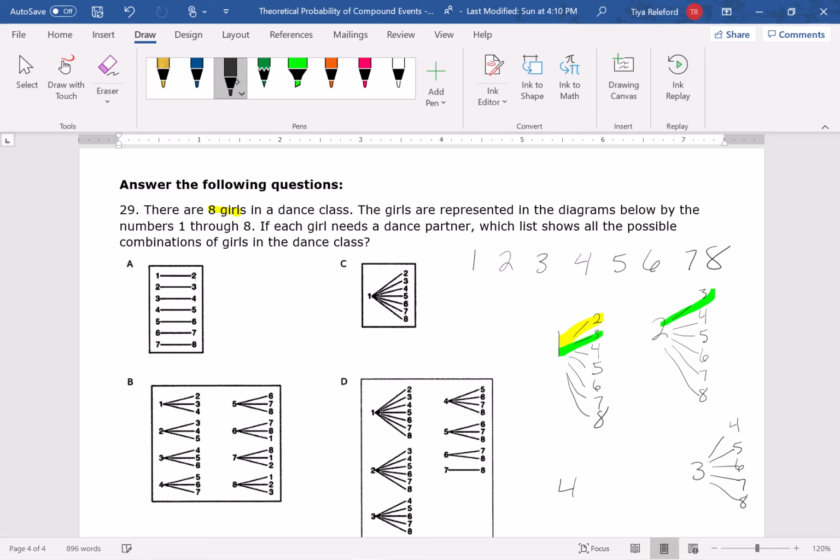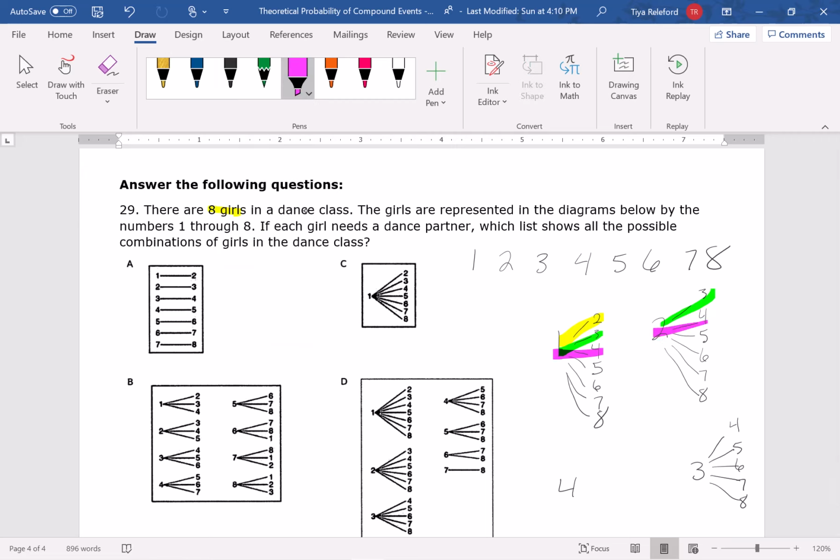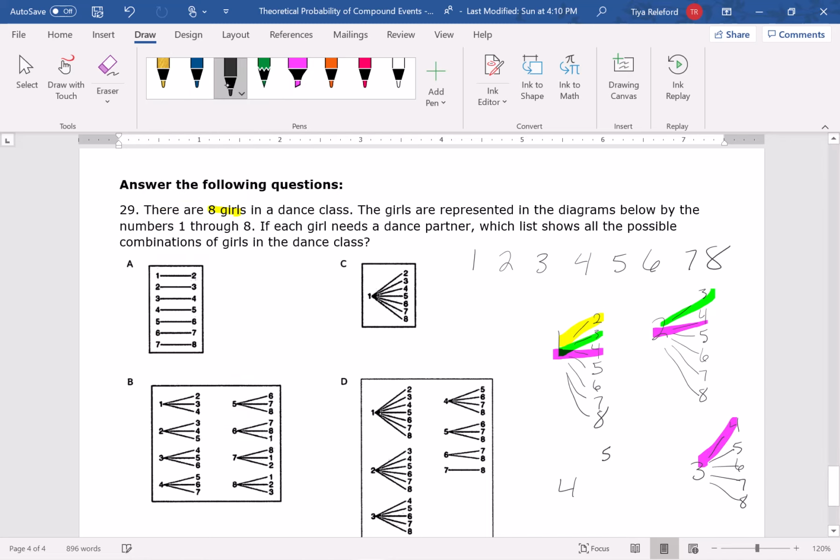Because when 4 goes to partner up, 4 has partnered with 1, with 2, and with 3 already. So 4 can partner with 5 or 6 or 7 or 8. Because we're not going to list the same partnership twice.